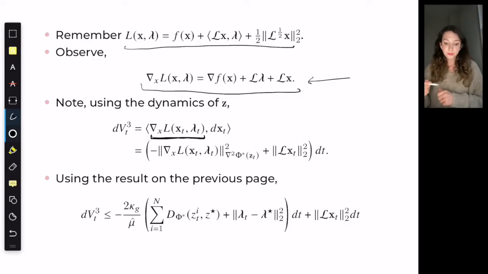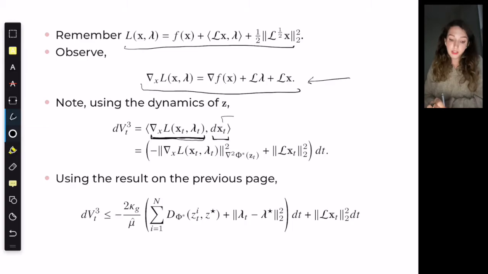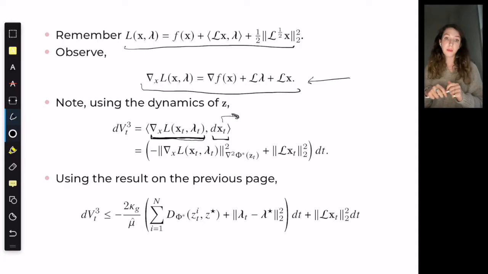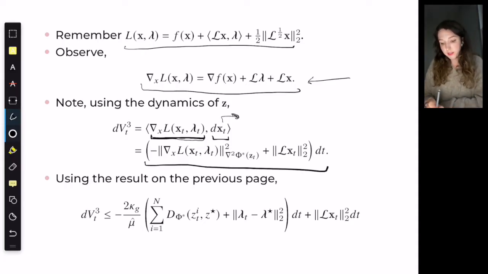define our algorithm. So basically, differentiating, we can rewrite that dv3 is equal to this product between the gradient in x of our augmented Lagrangian and our dynamics dx_t, which, if we then fill in the dynamics for x_t, the dynamics in primal space, in our primal variable x_t, you can quite easily, or with some effort, show that it's equal to this.